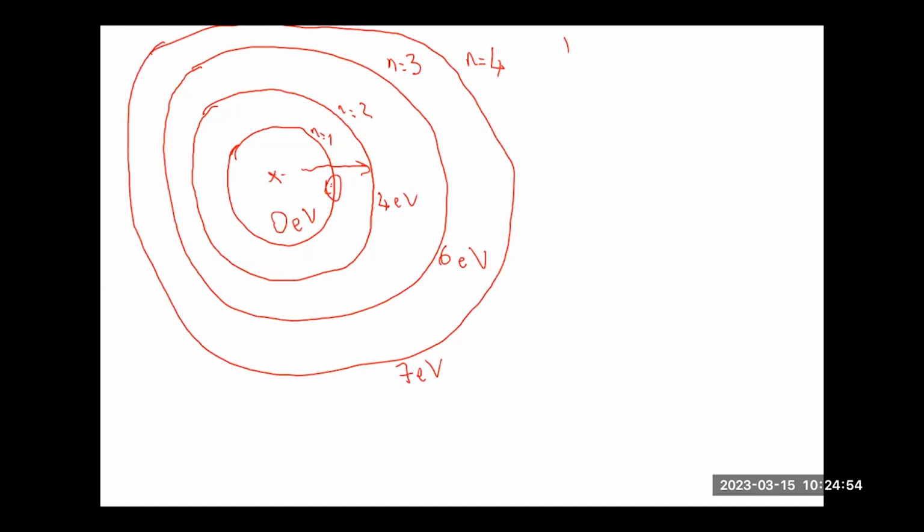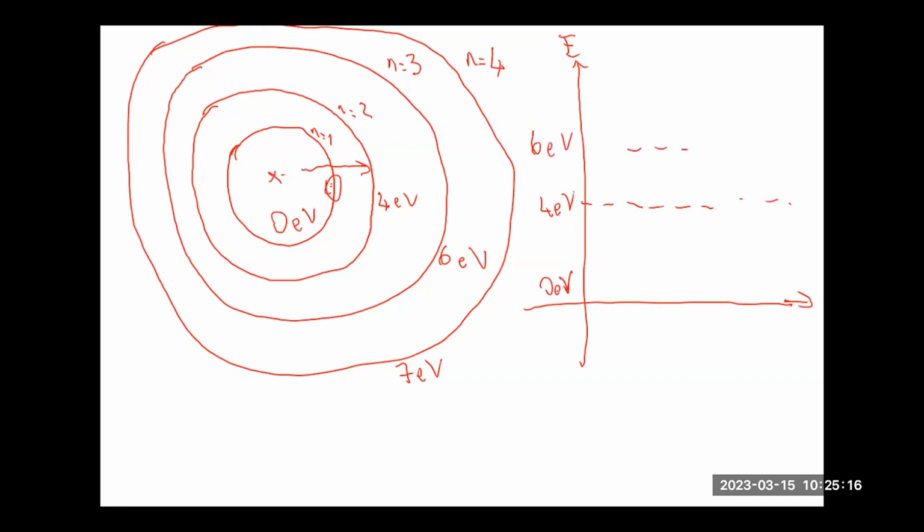So let me just draw the energy level. Ground energy state. So electron can only occupy at discrete energy levels. So we are at the first energy level.